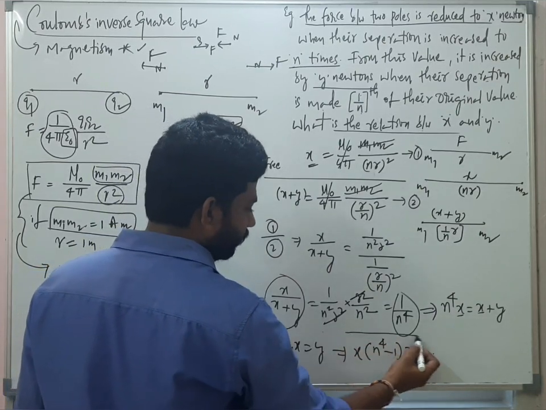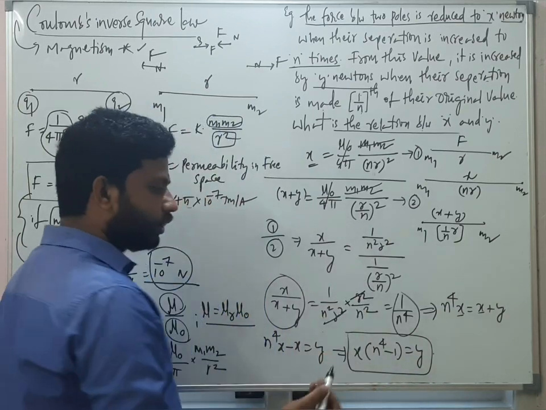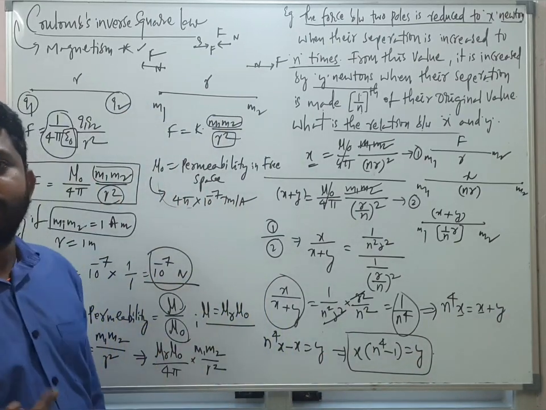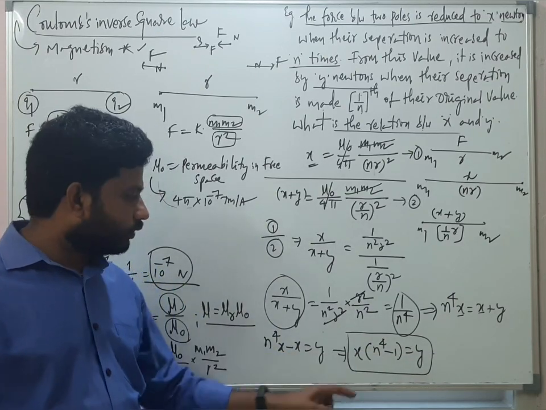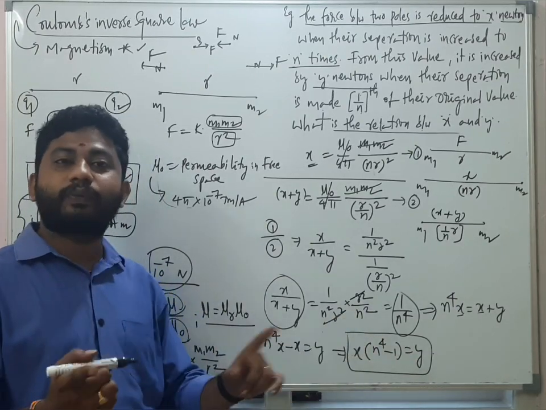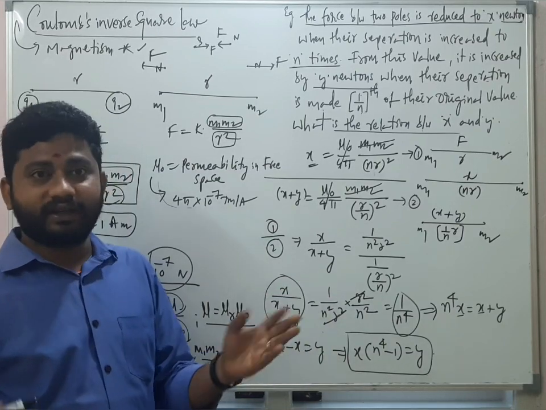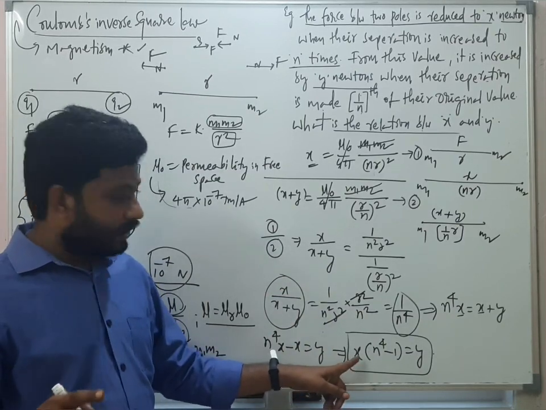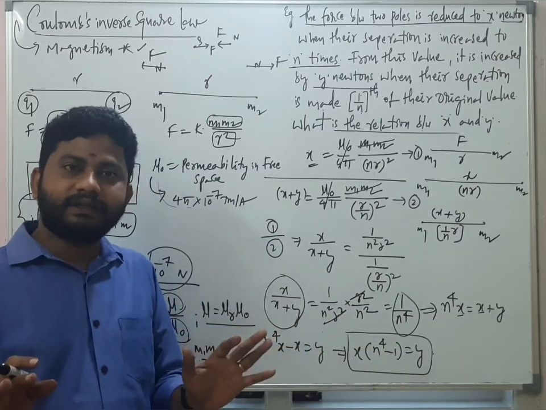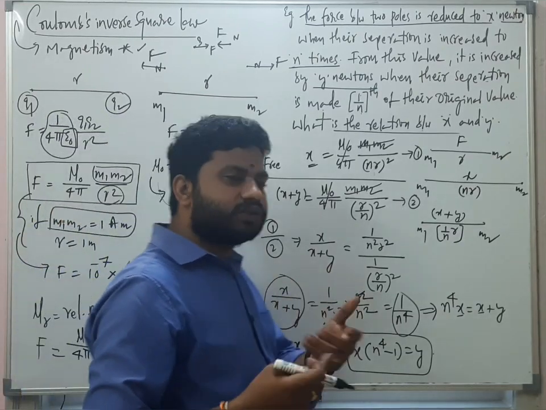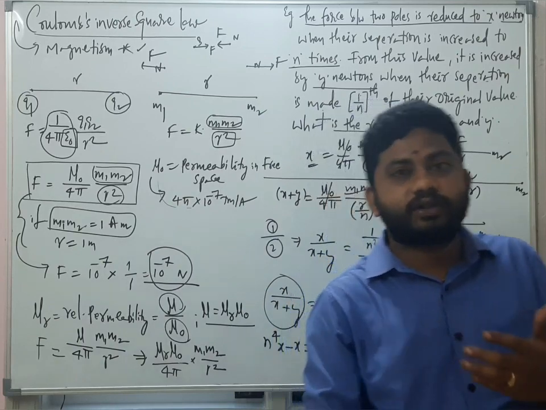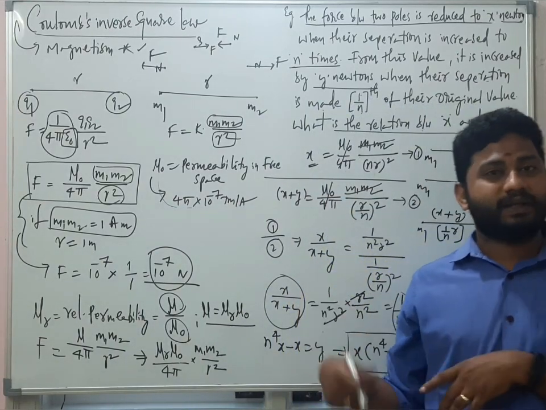In basic mathematics, when you are finding the relation between two variables x and y, both must be on opposite sides, left hand side and right hand side, so x and y. Understand? Clear?